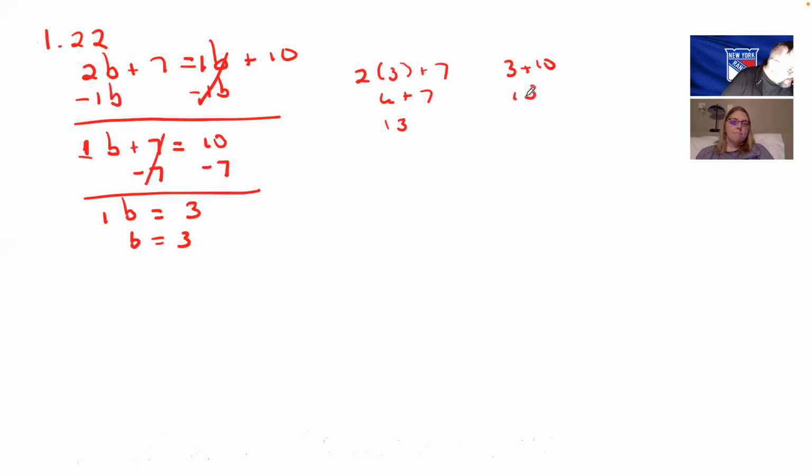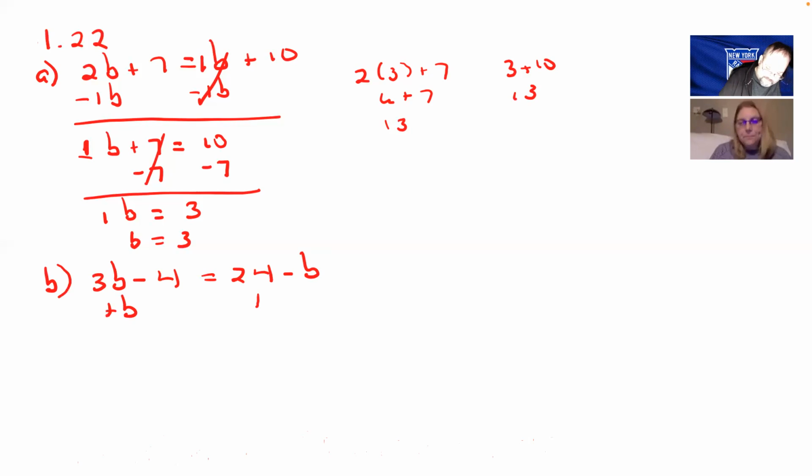All right. And then for letter B, so that was A. For letter B, they have 3b minus 4 is equal to 24 minus b. So for this one, the first thing I would do is add b to both sides.